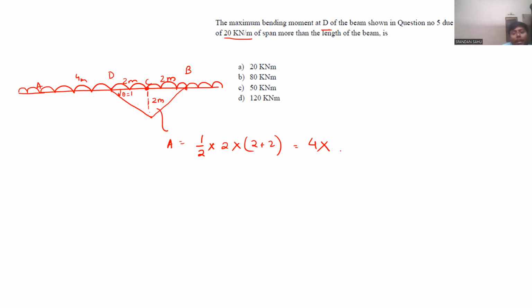This is the area, and the magnitude is 20 kilonewton per meter. So 80 kilonewton meter. We have done it correctly, right? Yeah, 80 kilonewton meter will be the maximum bending moment at D, point D max.